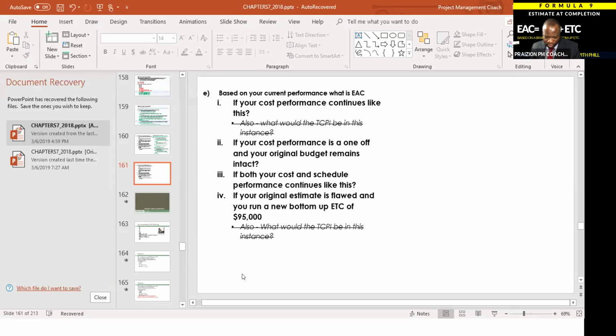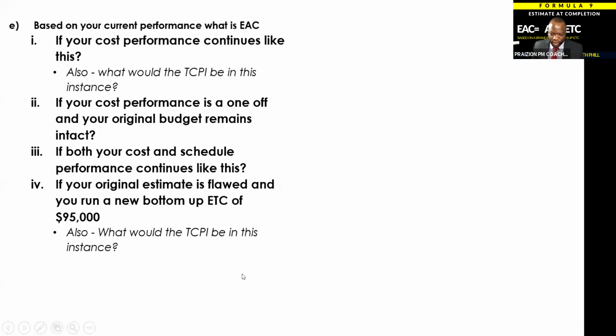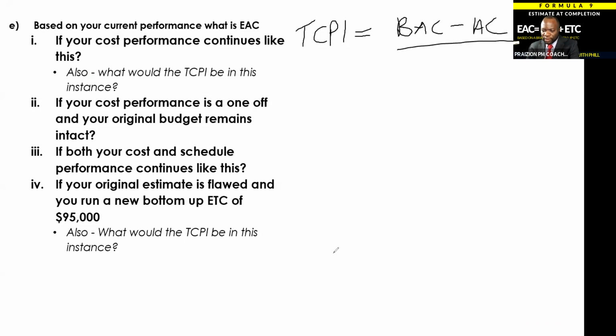Okay. So let us solve this very quickly. So basically, we're going to find the TCPI based on the EAC. And the formula to find the TCPI based on the EAC is TCPI, beg your pardon, TCPI equals the budget at completion minus EV divided by EAC minus AC.